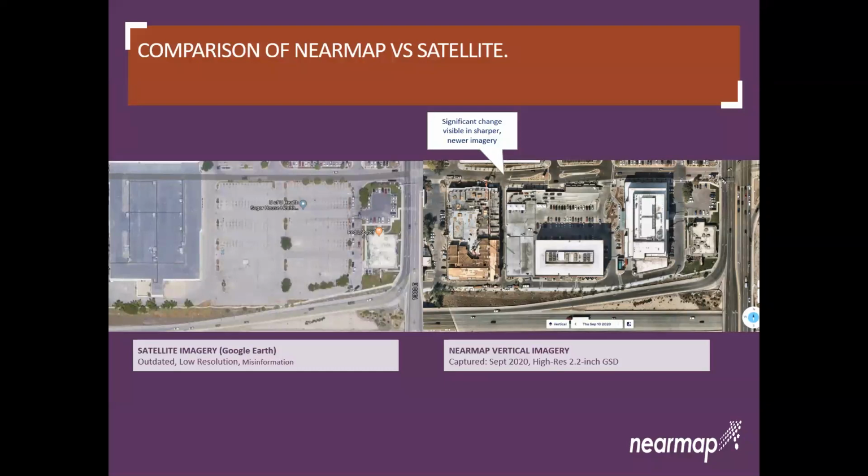This was captured as late as September of last year. We capture this region, Salt Lake City, Utah, twice per year with 2 of our camera systems. So you can see the evident change that has taken place. The image is visibly sharper, and it's very good resolution for making accurate measurements.